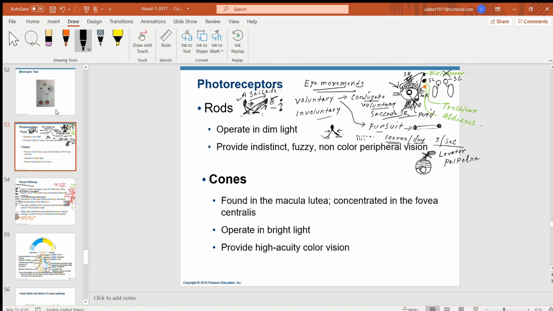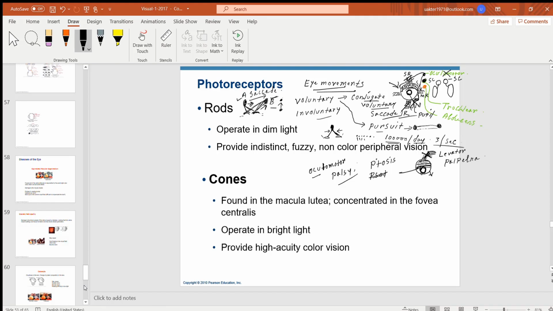Okay, so that happens in paralysis of the oculomotor nerve, and you will see the pupil is not in the center but more downwards, and this is called ptosis. Droopy eyelid. So you learned a few important things, right? Let's stop here.